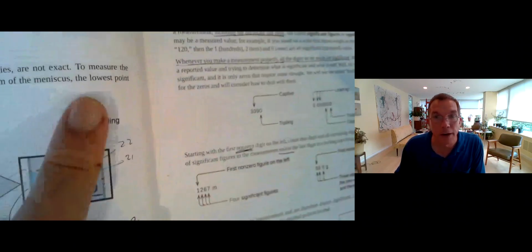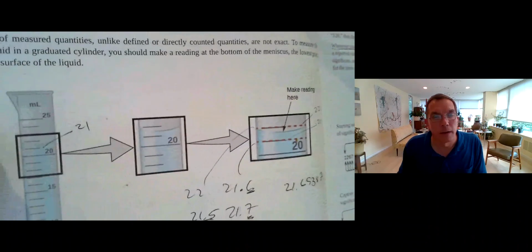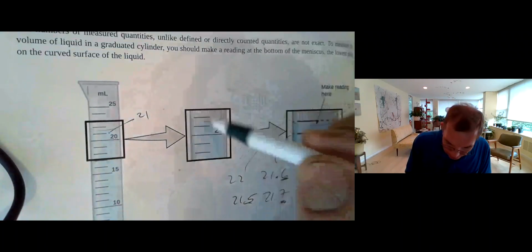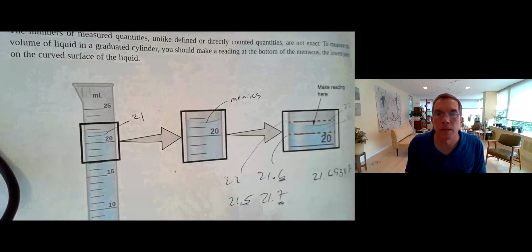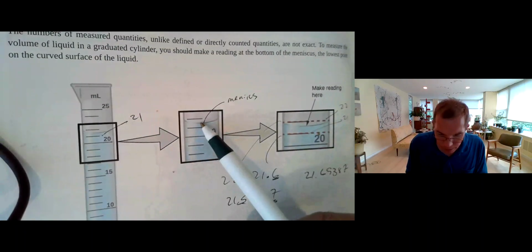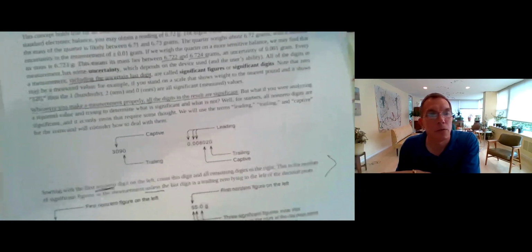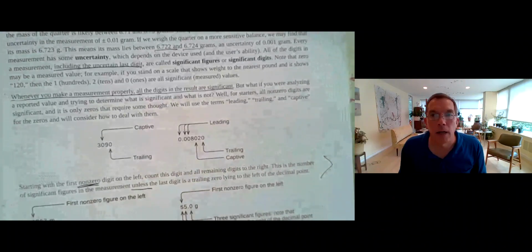Now notice they do offer a little definition, the lowest point on the curved surface of the liquid. So by the meniscus, what we're really talking about is that curve, and we'd be reading at that lowest point. Okay. So if you found yourself in the habit of not stopping to figure those kinds of things out, that's going to be something to pay attention to when you start college classes or this summer as you're preparing to transition into college.